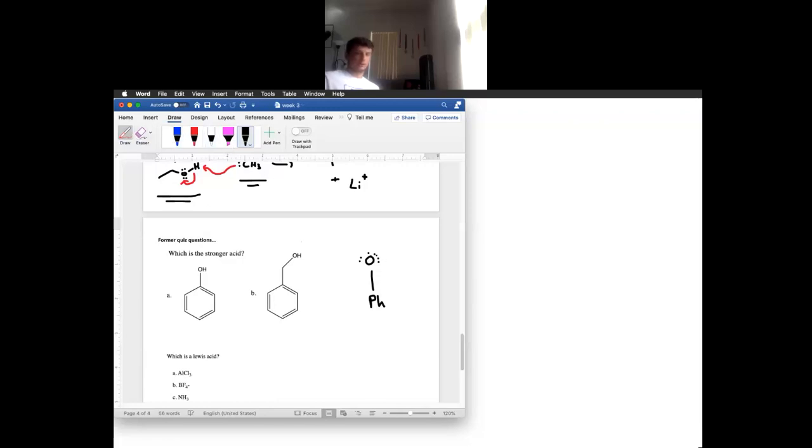And so these electrons will easily be put into the ring, thus making it more stable. Instead, this has an extra carbon in between, which doesn't really want to accept those electrons, right? So that is why A is your stronger acid.